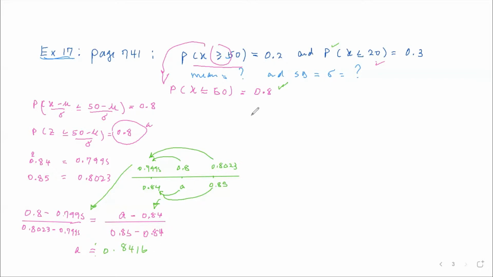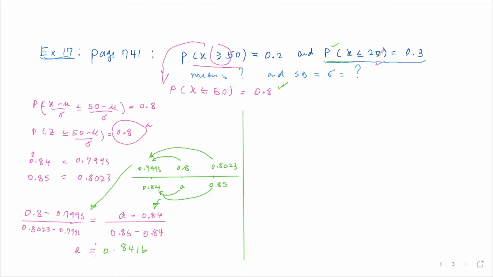Okay. Once you have this, on this side do the same way. Actually, they are all the same, same steps. Then you do this one, the probability P(X less than 20) equal to 0.3. Use a blue color here.